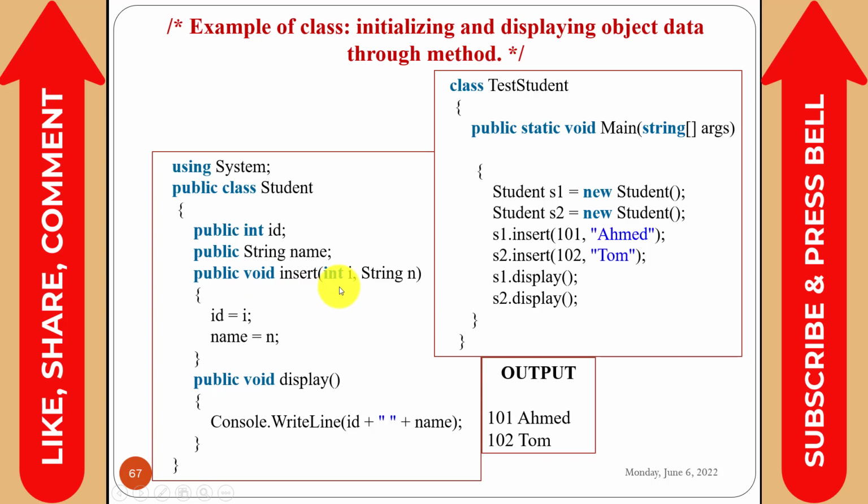Inside the insert method body we can see id initialized by the value i, name initialized by the value n. id and name are the data members of the class. i is the value received from the parameter of the insert method. n is the value received by the name data member from the value passed as a parameter to the insert method.